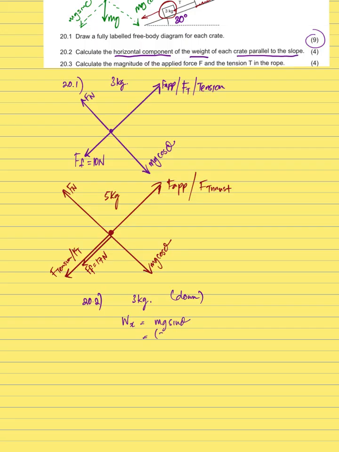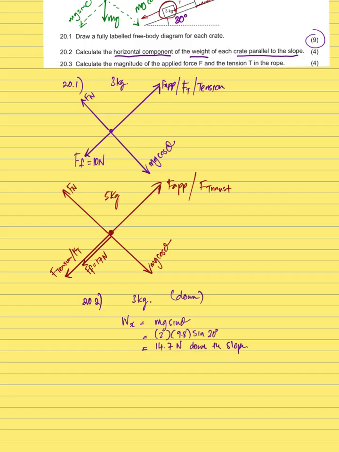The m is 3, the g is 9.8, sine, and then the theta value was 30 degrees. So once you pop that into your calculator, you should get 14.7 newtons down the slope.